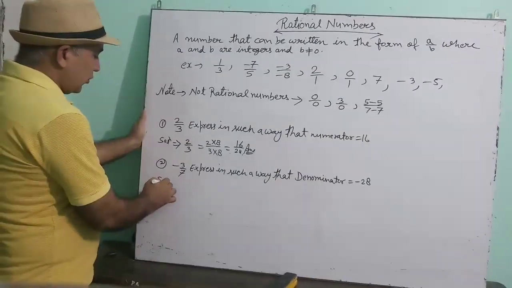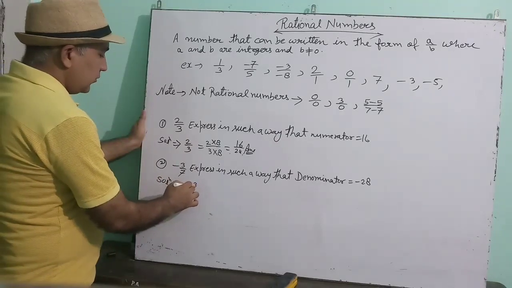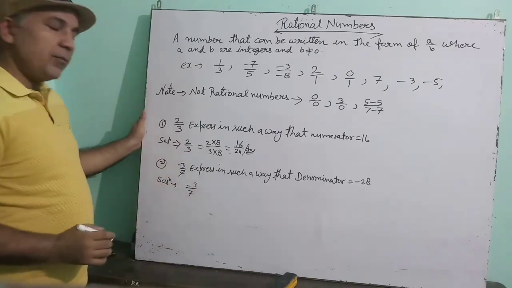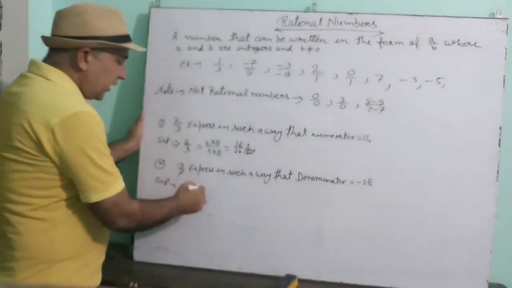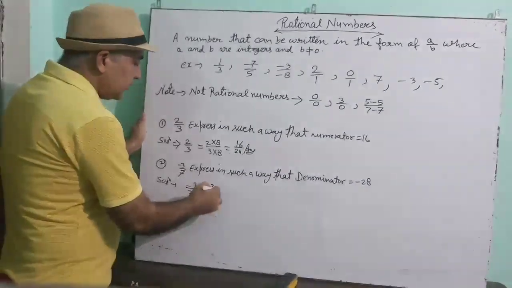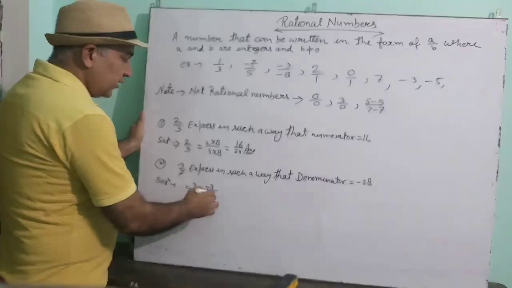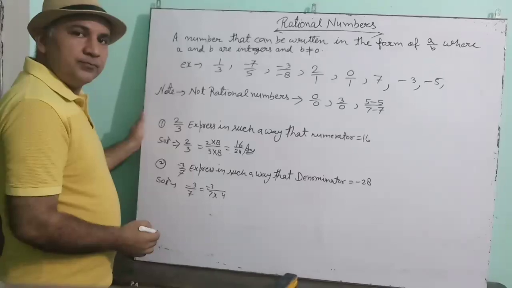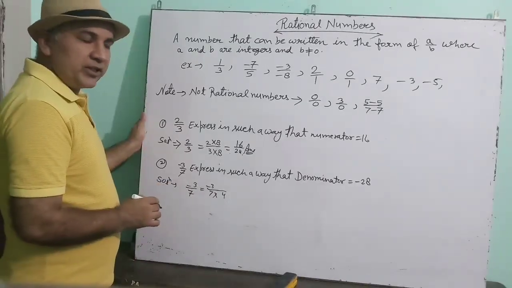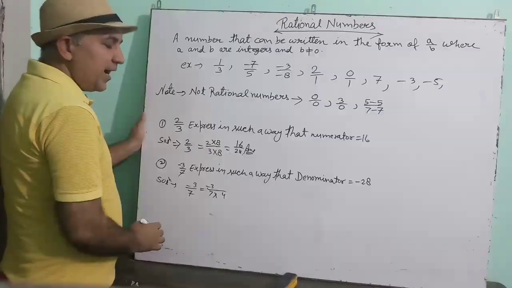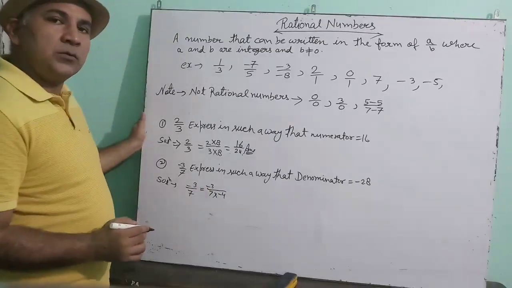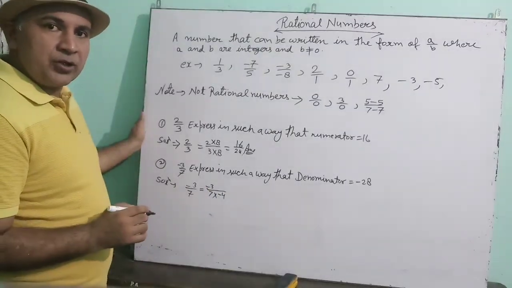See how to solve. Your question is minus 3 upon 7 and you have to make denominator minus 28. We know that 7 into 4 is 28, but we have to bring minus 28, then 7 will be multiplied by minus 4, then it will become minus 28.